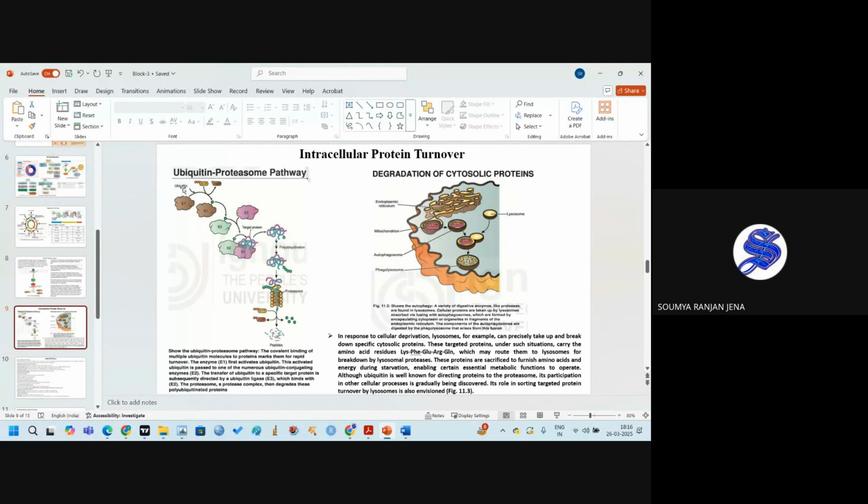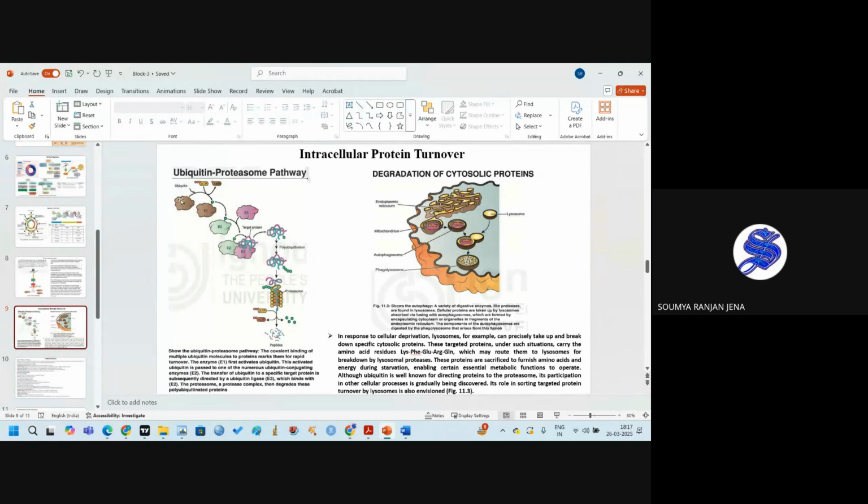First, the ubiquitin tag will be attached to the unfolded or targeted protein whose fate is to be degraded. First, the E1 enzyme will activate the ubiquitin with the help of one molecule of ATP, because this tag is not activated.